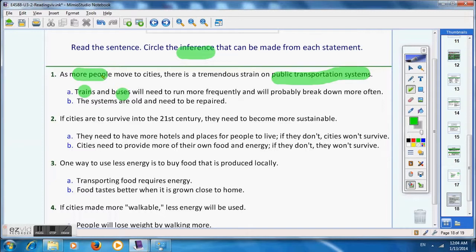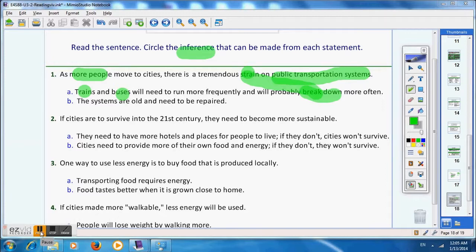And of course, since we use more public transportation, they have the tendency to break down. You can connect the words. Strain is a negative word. You can relate this word to break down. And so when we talk about more people means more trains and buses.